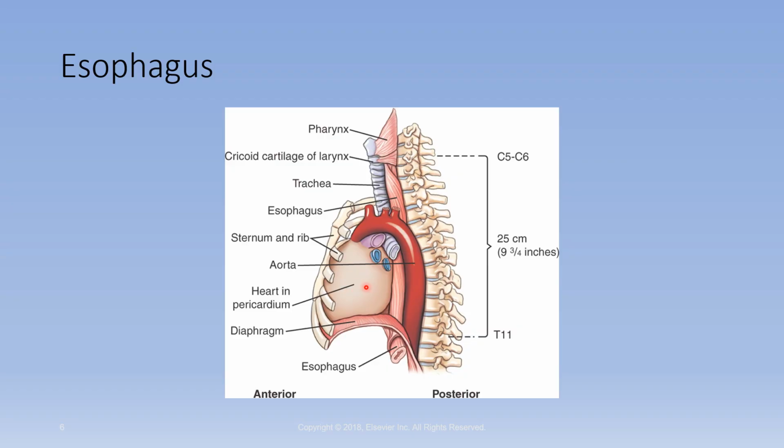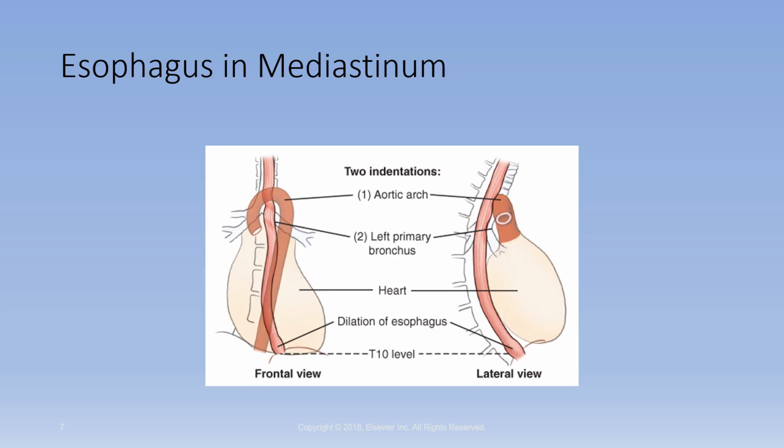So all of these organs end up pushing against the esophagus, which causes 2 indentations. You've got one indentation from the aortic arch, and then you also have the left primary bronchus, which makes an indentation. And this would be looking at the patient from the front. So you've got the heart, thoracic spine back here.